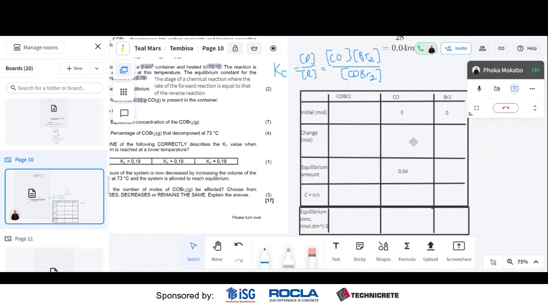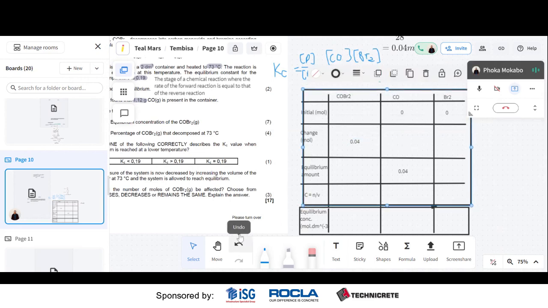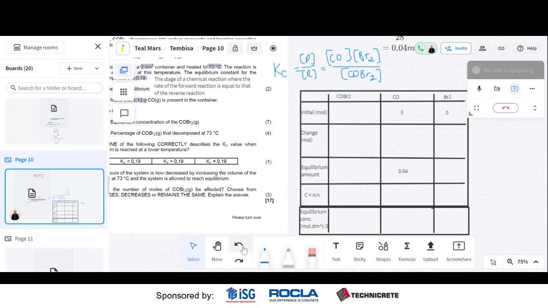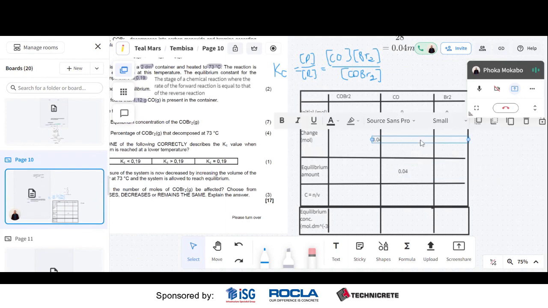Well, we now know that our change in the number of moles for carbon monoxide must have been that 0,04. Okay, and specifically it was added.